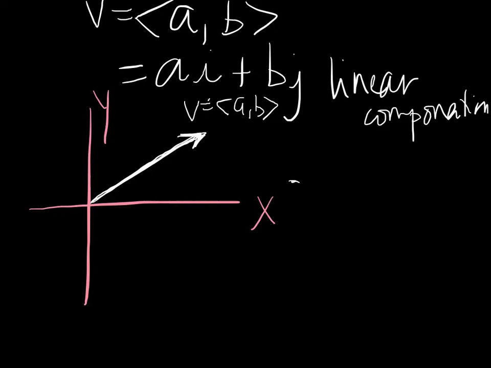Your a and your b are just scalars, or constants, or numbers, but then the i and the j tell you its horizontal and vertical components. Your i is your horizontal component, like this right here. Really what I'm doing is splitting this vector into a horizontal component, which we're going to call ai, and its vertical component, which is called bj. Right?